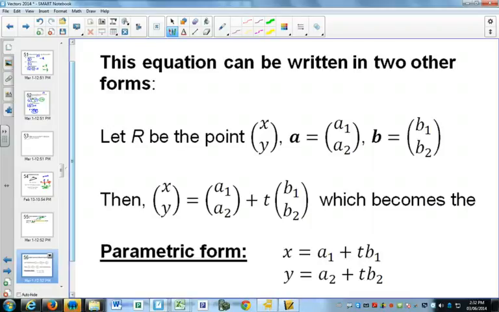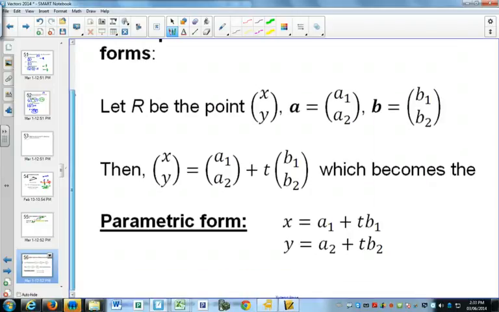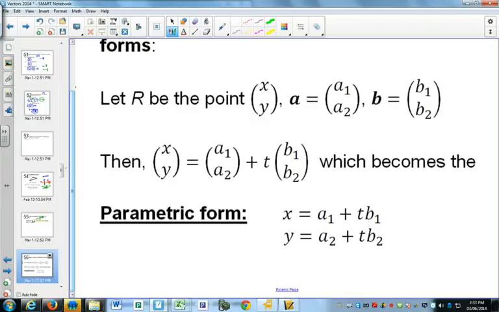And the direction vector has an x and a y, saying how many you want to go for your run and how many you want to go for your rise. So from this, we have 2 different equations, because this is our vector r, this was our vector a plus t, and this was our vector b.